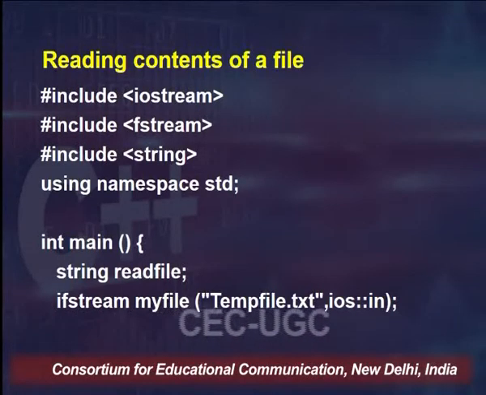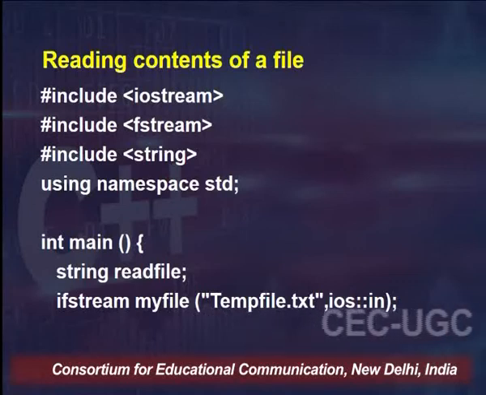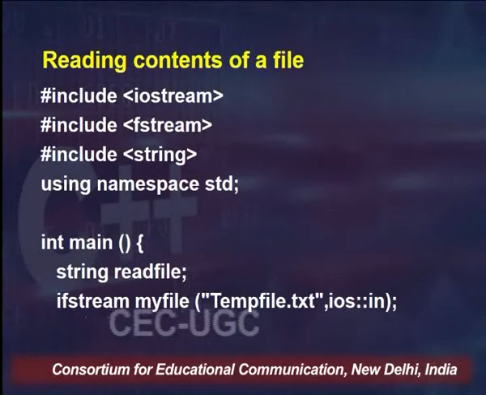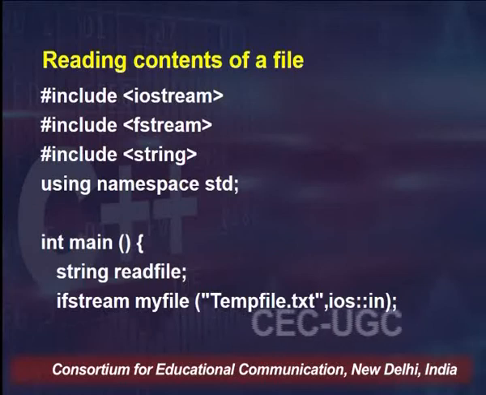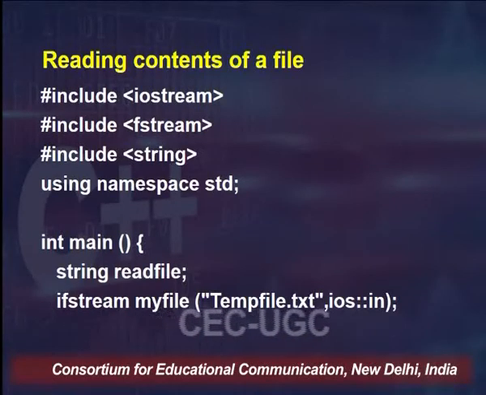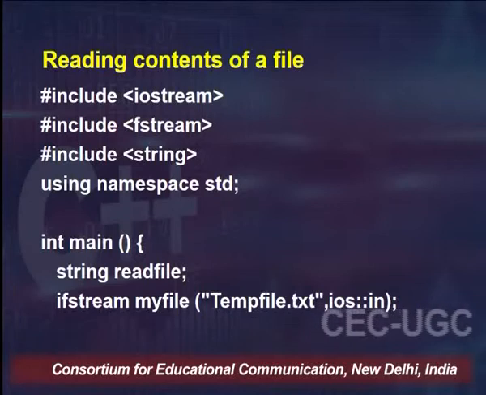One is the creation of the object my file, an object of class ifstream, and the association of my file with the actual file stored on the hard disk, here named temp file.txt. We can also use the example.txt which we saw in the previous example.